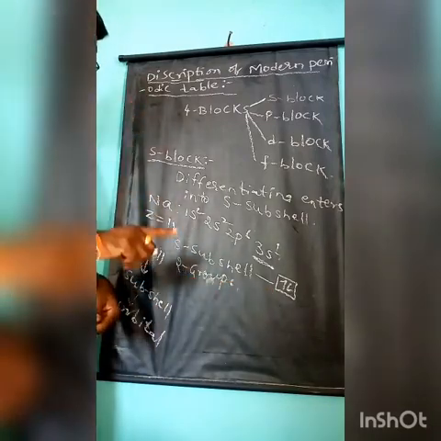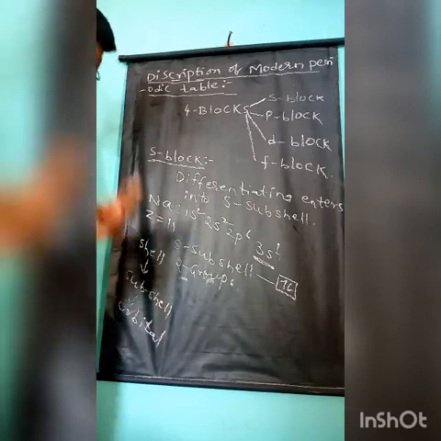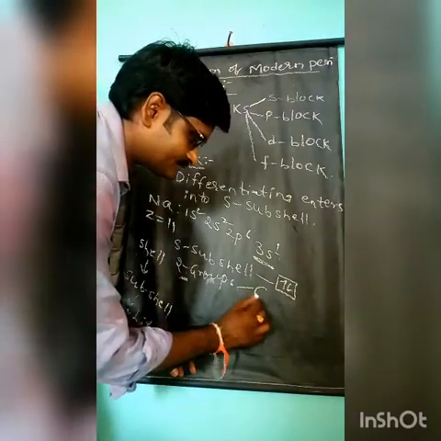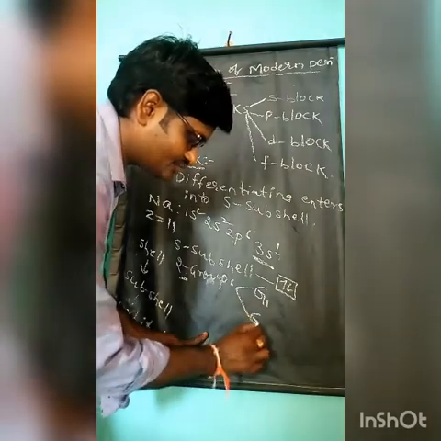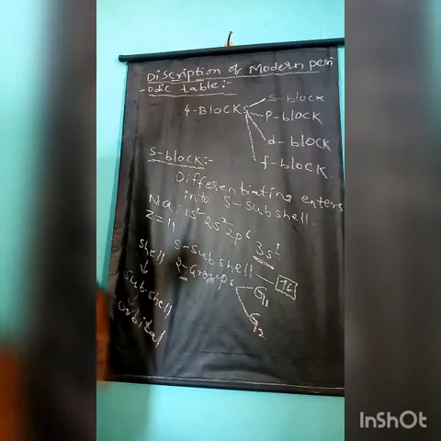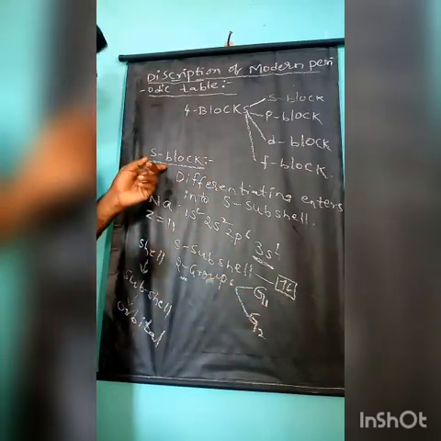Each orbital can accommodate 2 electrons. So that's why S block contains 2 groups. Those groups are G1, G2, meaning group 1 and group 2. Group 1 elements and group 2 elements belong to S block.